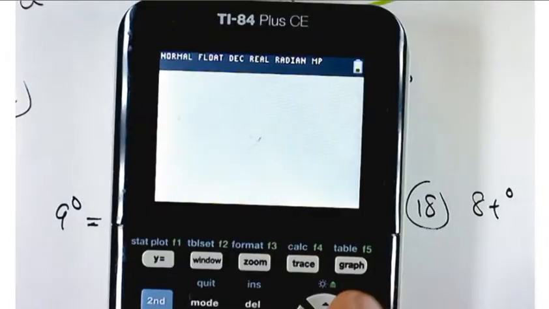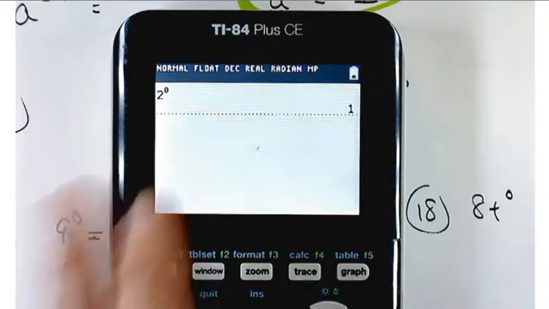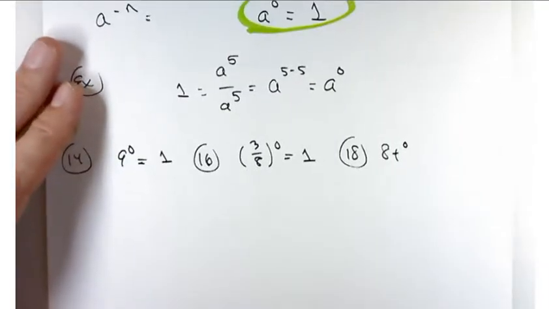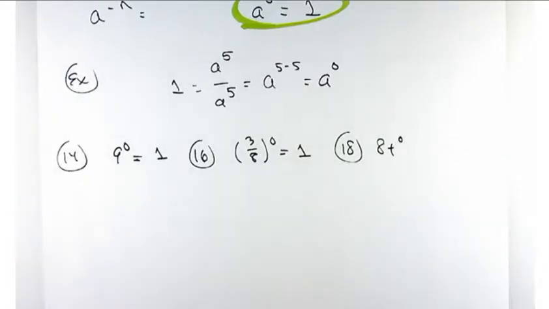Pick your favorite number. I'm going to do 2. 2 is my favorite number. 2 to the 0 power gives me 1. Okay. Anything to the 0 power gives you 1. But that doesn't mean that your answer to all these 0 exponent problems is going to be 1 all the time. Case in point is problem number 18.